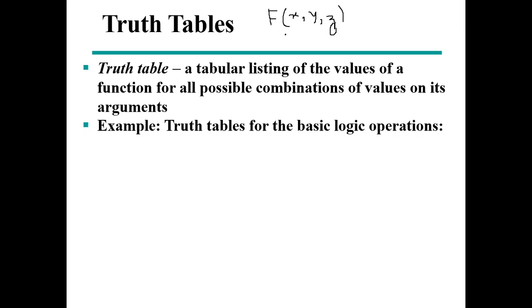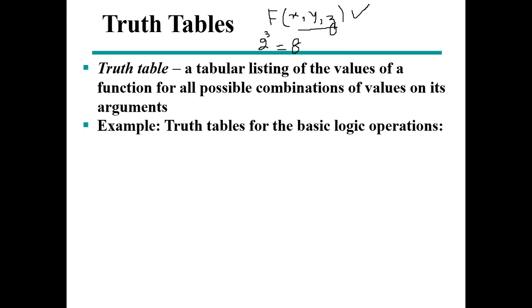Because these three variables have a total of 2 raised to power 3 equal to 8 possible combinations. For all these combinations of x, y, and z, the truth table specifies the value of this function. That is the definition of a truth table.